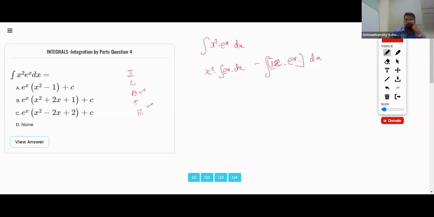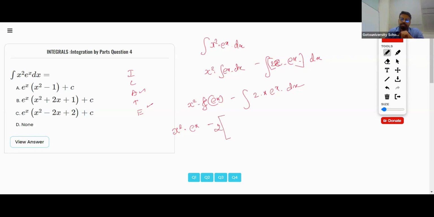So x square into integral of e power x, which is again e power x, minus this problem becomes integral of 2x into e power x dx. Yes or no? So again we have to do integration by parts one more time.